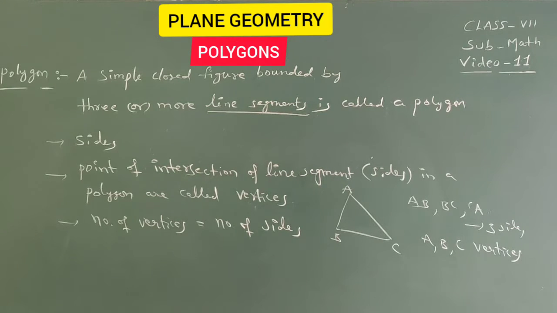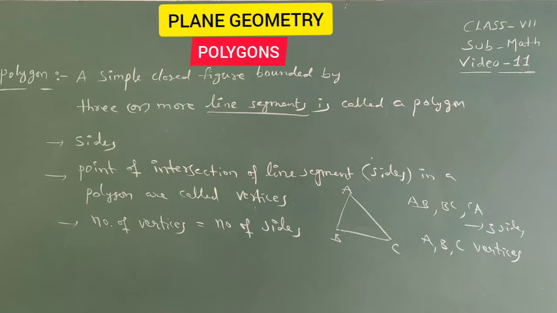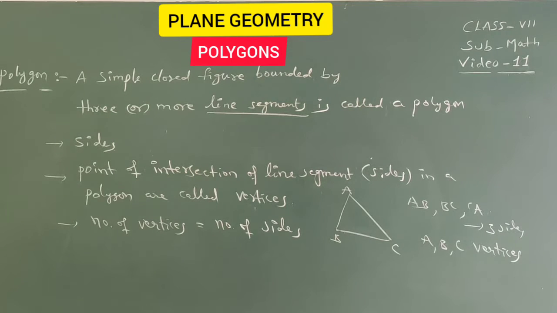These endpoints are called vertices of the polygon. Already I wrote point of intersection, or endpoints also you can say. Next, the important one: the number of vertices of a polygon is equal to the number of its sides.